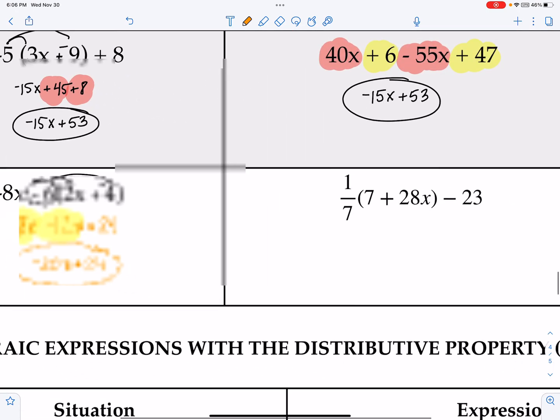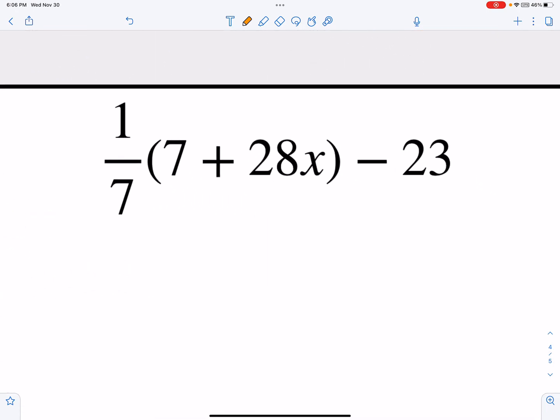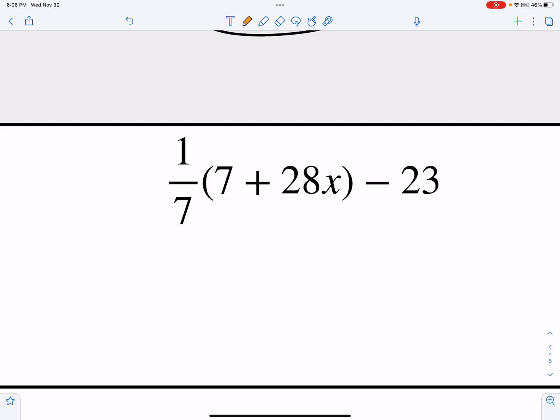All right, and let's go ahead and look at this one. Oh, multiplication of fractions. Fun. All right, so this is the same thing, if we look at this 7 over 1 as it's going to be 7 divided by 7, so that's not really that bad. So we have our distributive. 1/7 of 7 is 1.